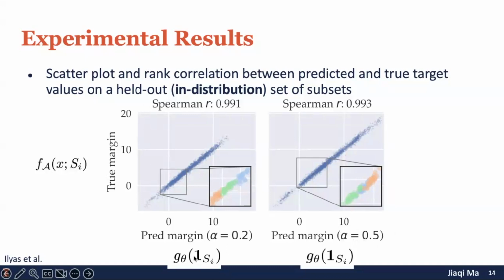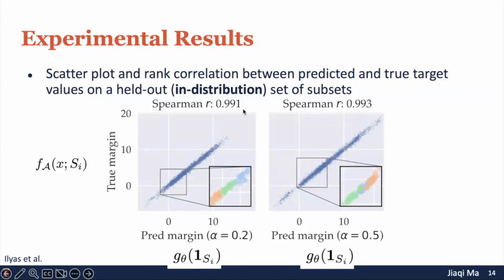We can see from this figure that the predictions using the G function and the ground truth values align very well. So there's a linear relationship. And if we calculate the Spearman rank correlation between the prediction and the ground truth value, the correlation coefficient is very high.